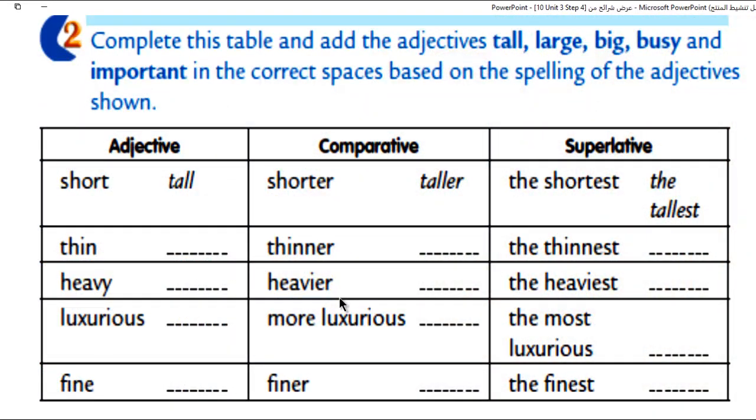Complete this table and add the adjectives tall, large, big, busy, and important in the correct spaces based on the spelling of the adjectives shown. For example, the first example is shown: short, shorter, the shortest; tall, taller, the tallest.